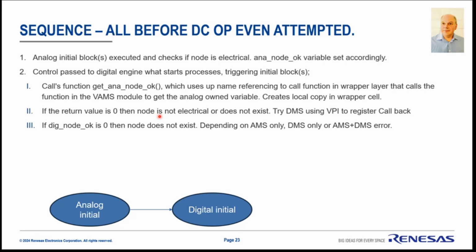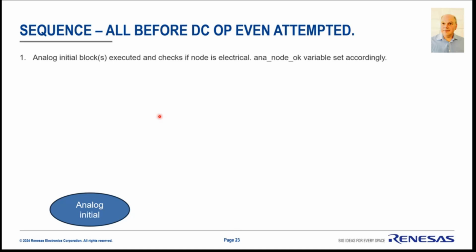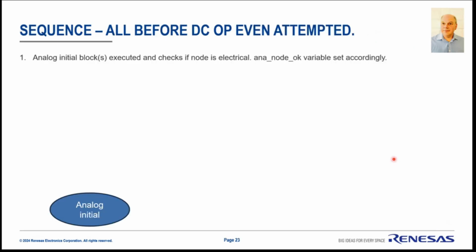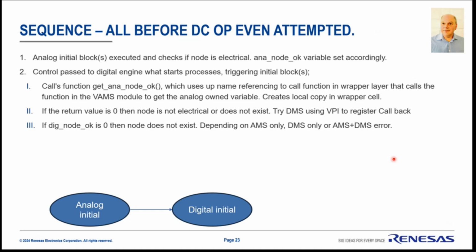It calls something called get anode OK, which uses upscoping from this module here to this one here to then read a variable in the Verilog AMS file. That's the only way you can do it, because you can't do out of module referencing, and you can't probe analog values outside a Verilog AMS file. So it's just a way of doing that.